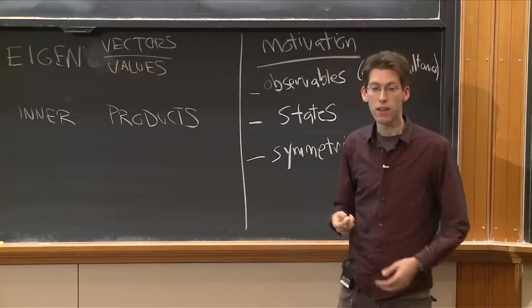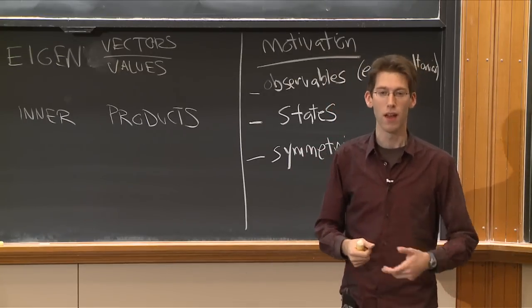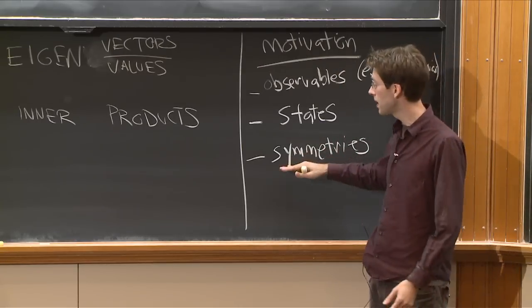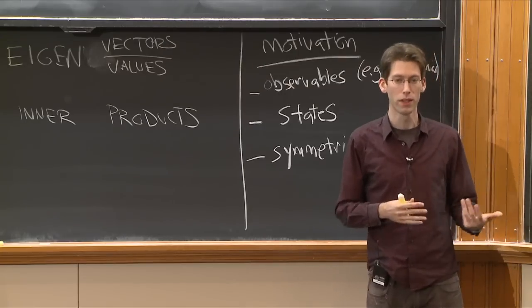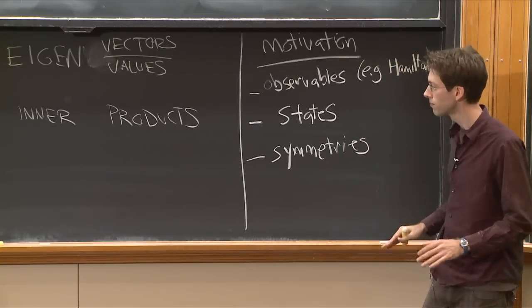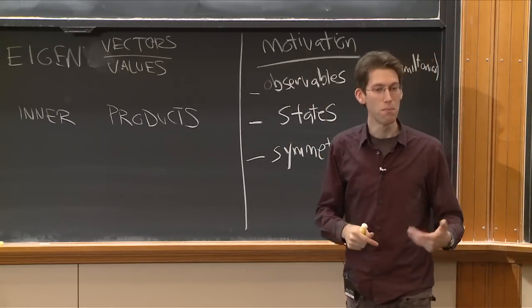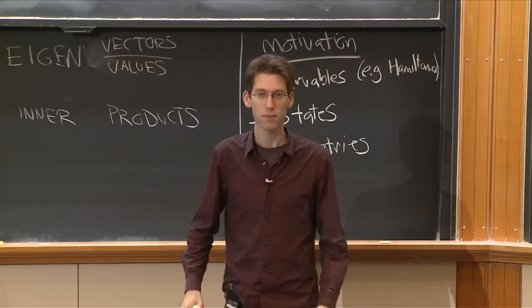Already in classical mechanics, symmetries have been very important for understanding things like momentum conservation and energy conservation. They'll be even more important in quantum mechanics and will be understood through the formalism of operators. So these are not things that I'll talk about today, but are the motivation for understanding very well the structure of operators now.